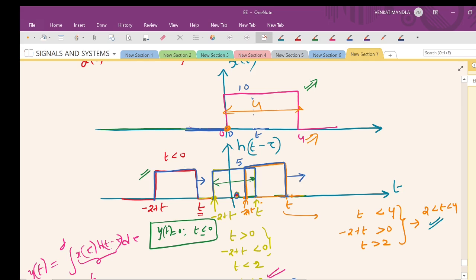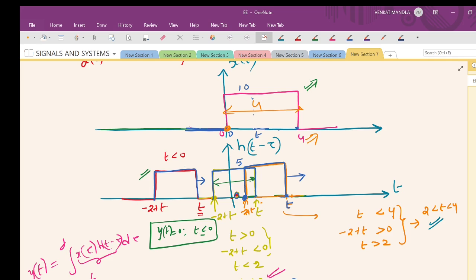Next again shift such that this t value should be greater than 4 now. This is 4, this is greater than 4, and this minus 2 plus t lower limit, this is the upper limit. This lower limit should be inside the x of tau, and this upper limit should be outside the x of tau. Okay, I have to choose like that.